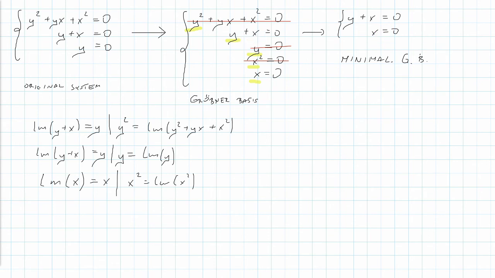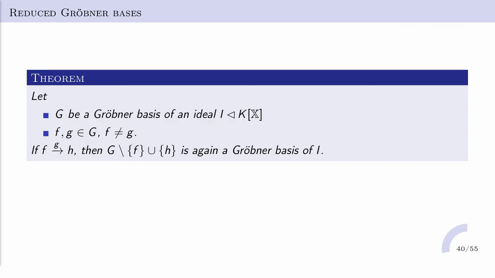And now the next step is the reduced Grobner basis.